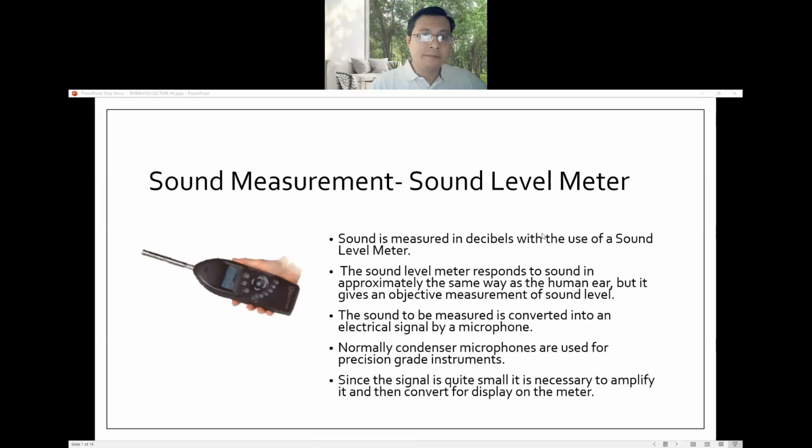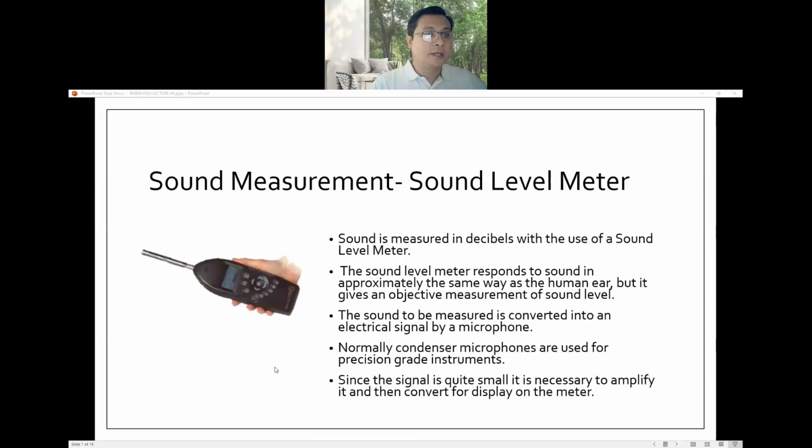The sound level meter responds to sound in approximately the same way as the human ear, but it gives an objective measurement of sound level. So it receives similarly to the human ear, but using a meter reading.